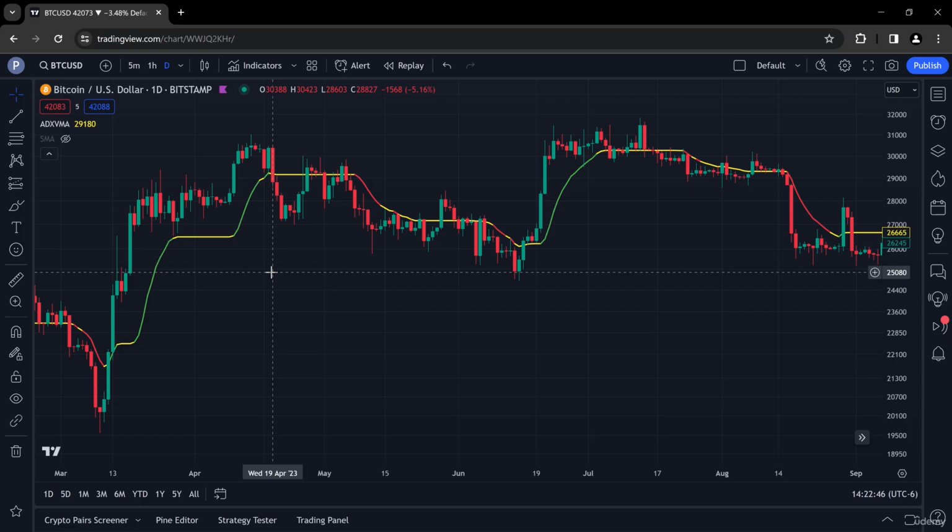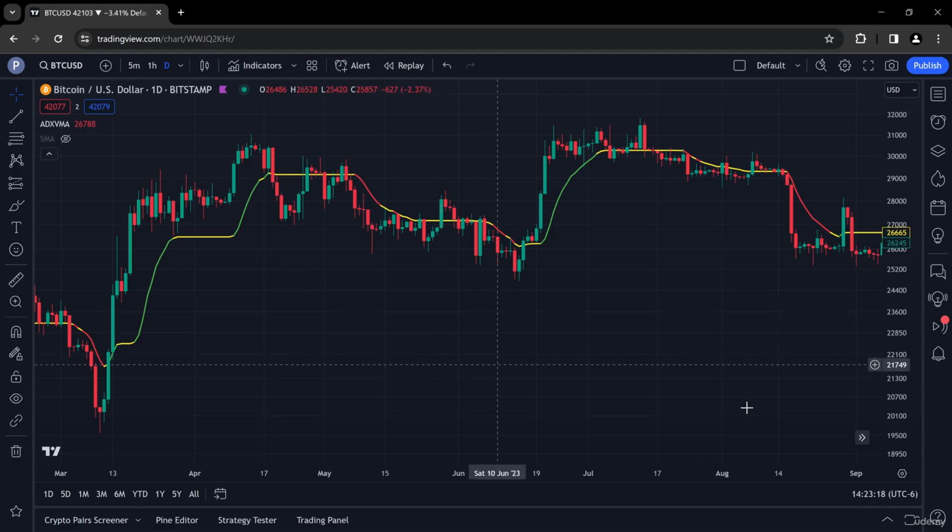So the ADX VMA indicator itself consists of two other indicators, as its name suggests. VMA, also known as VIDYA, stands for Variable Index Dynamic Average indicator. That is an adaptive moving average that is more sensitive in a trending market and less sensitive in a sideways market.